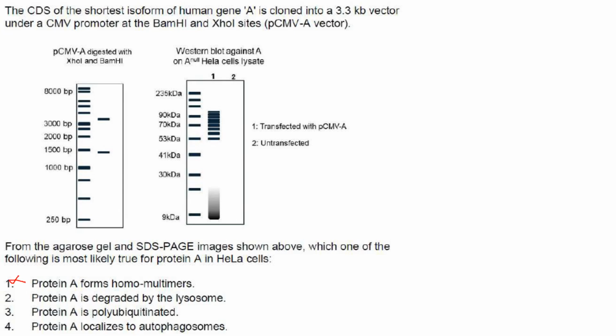Protein A is degraded by the lysosome. If it had undergone lysosomal degradation, then you would have got smaller bands, not high molecular weight bands. So 2 is also not correct. Protein A is polyubiquitinated. That would be the answer, because polyubiquitination causes the protein to have a range of molecular weights because of the addition of ubiquitin chains.